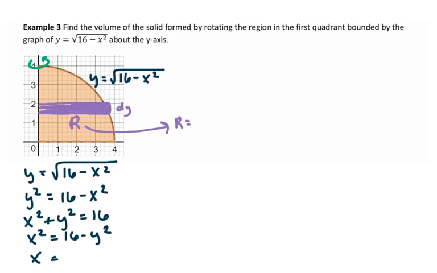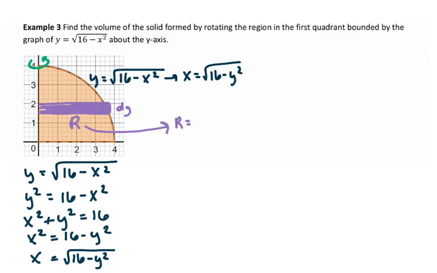Now when we square root, we really get a plus or minus. However, this is in quadrant 1, so we can ignore the negative result of this and simply express it as the square root of 16 minus y squared. Okay, so I'm going to be thinking of that instead as x equals the square root of 16 minus y squared. Same function, just writing it in terms of y.